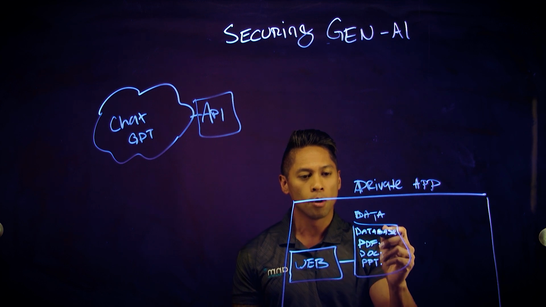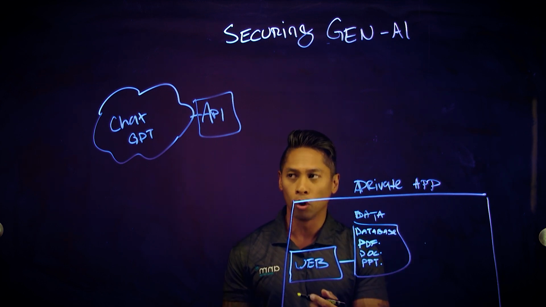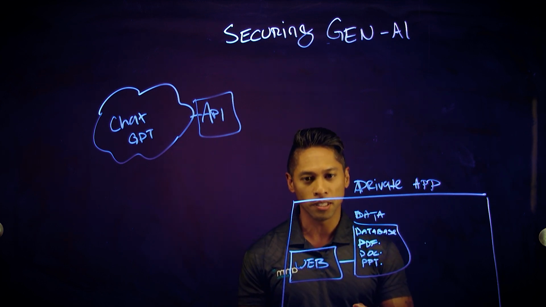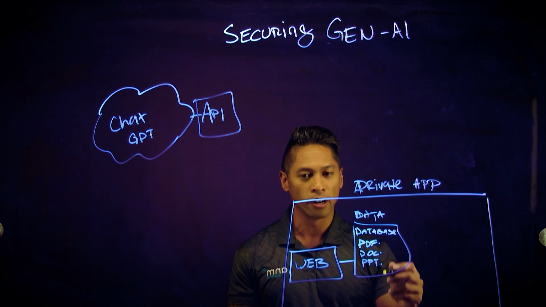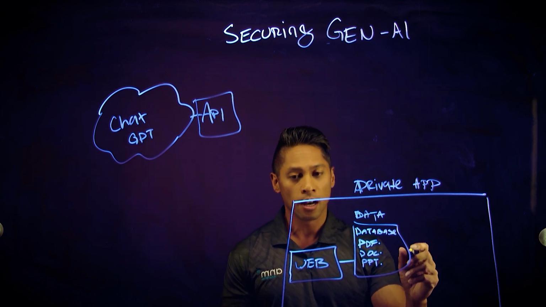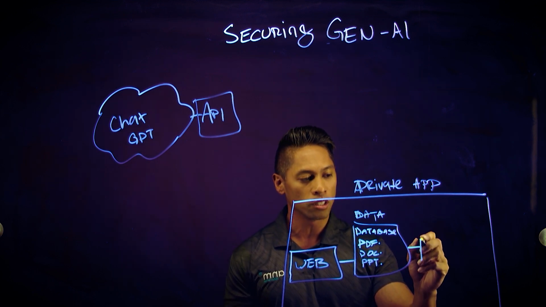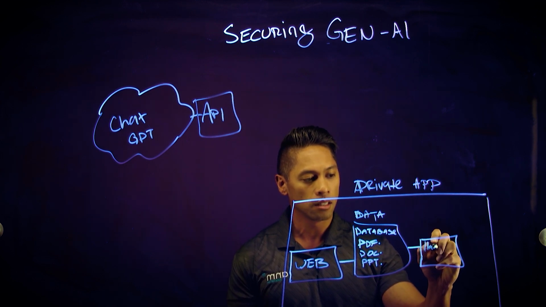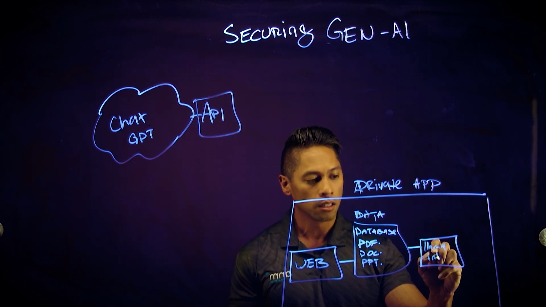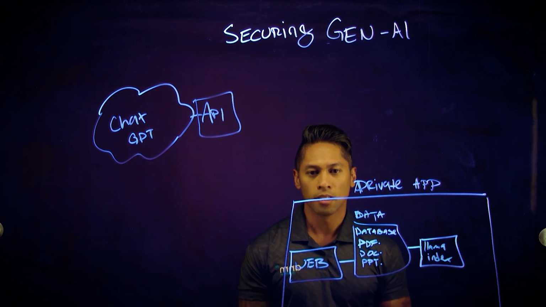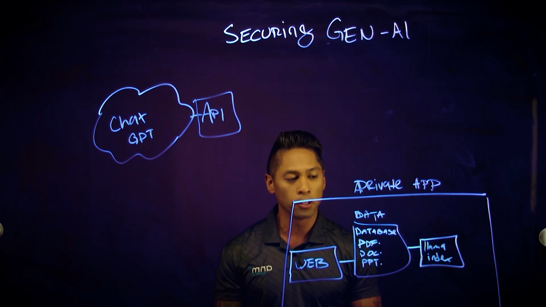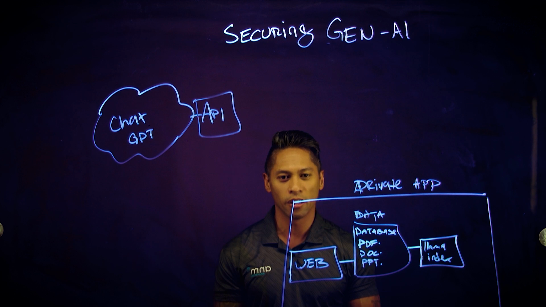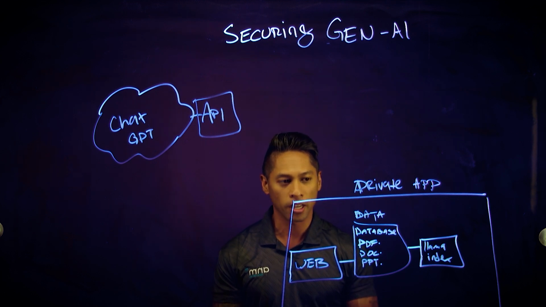We need to put this into a format that is readable by something like a ChatGPT so that we can actually query this information. Now, one way to do that is to use a tool like Llama Index. Now, Llama Index is a developer tool that makes it a little bit easier for developers to create these AI applications.